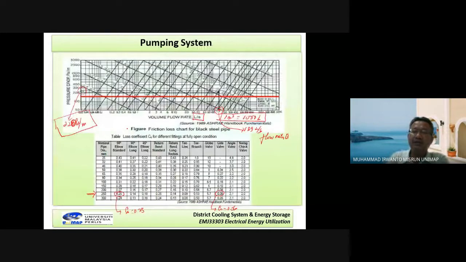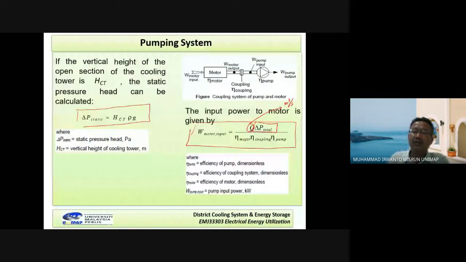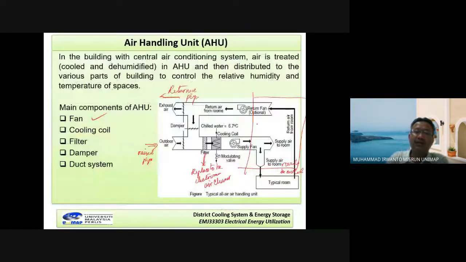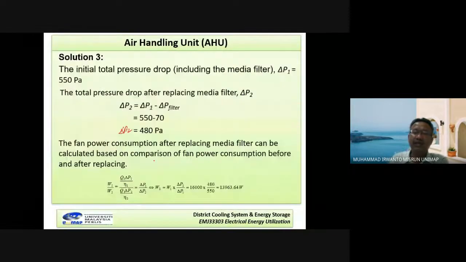Azmana? Here. But it is just motor because it is in the AHU. And then efficiency is the same before and after, so Q is maintained also the same. So from here we can write.